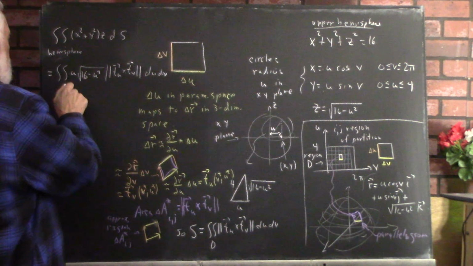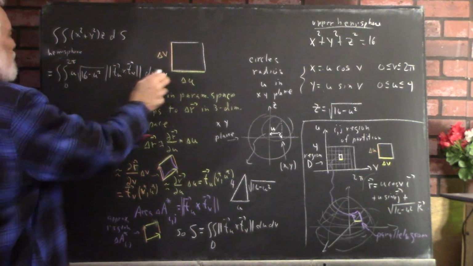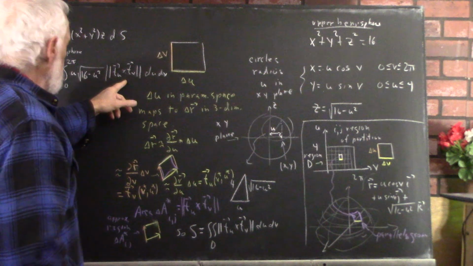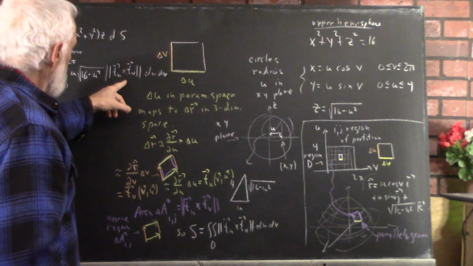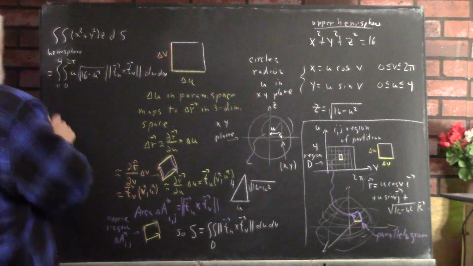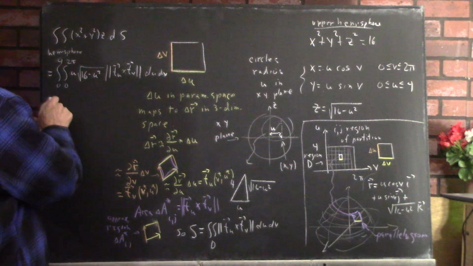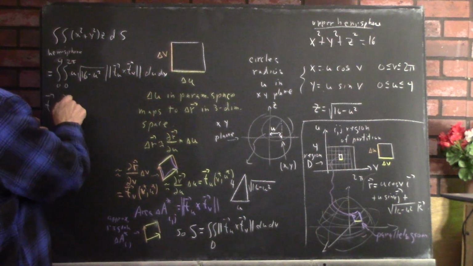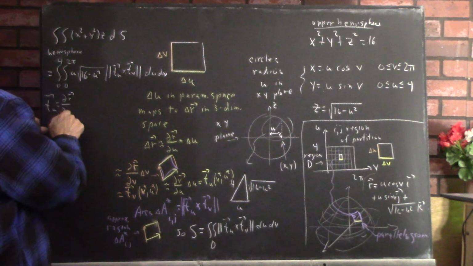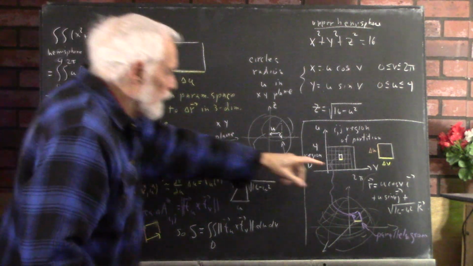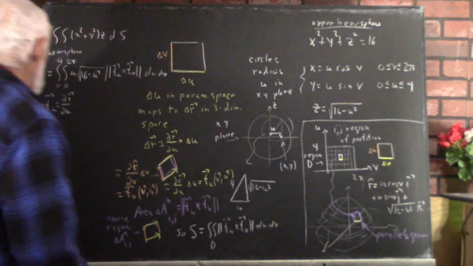And u is going to go from 0 to 2 pi. V is going to go from 0 to 4. So all we've got to do is calculate tu cross tv. Well, tu, according to my notation, is the partial of r with respect to u. And I invoke the r vector because it's a vector that we understand.